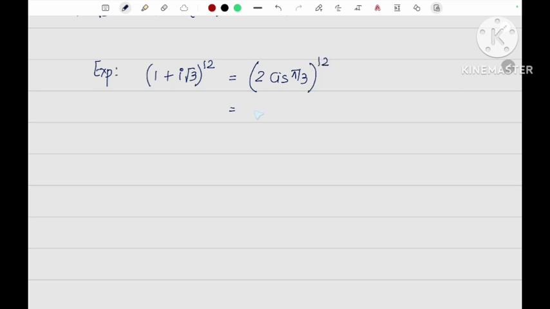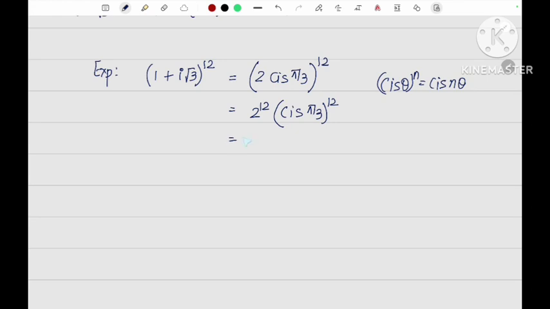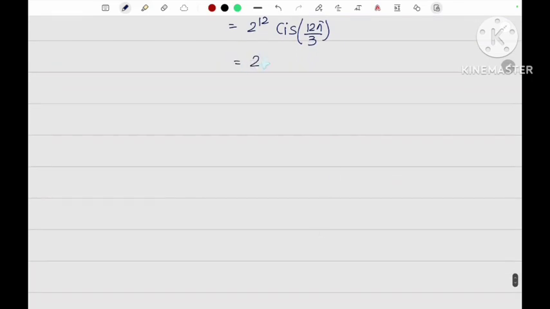I will take the power 12 separately, 2 to the power 12 separately and pi by 3 separately, and this is exactly where I am going to apply the concept of De Moivre's theorem. De Moivre's theorem says that cis theta to the power n is cis n theta if n is an integer, and so 12 will come inside. So 2 to the power 12 cis 12 pi by 3, and now this will become 2 to the power 12 cis 4 pi.